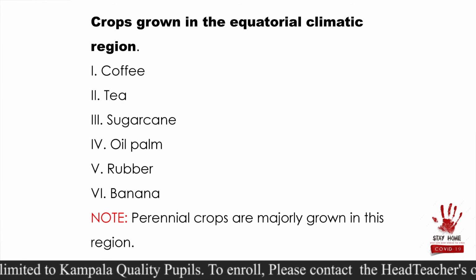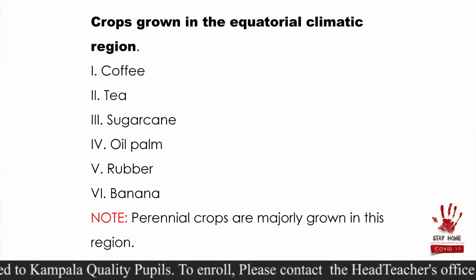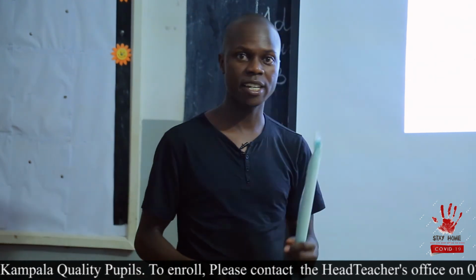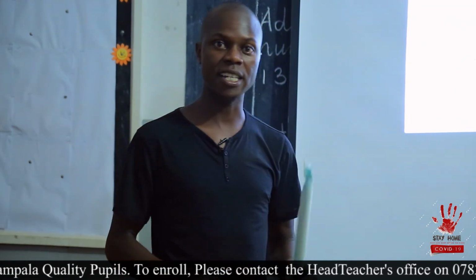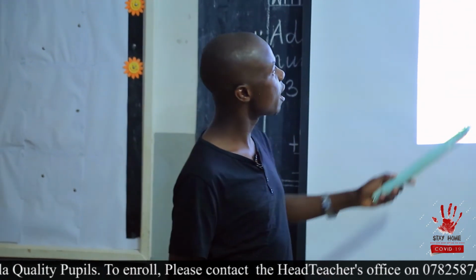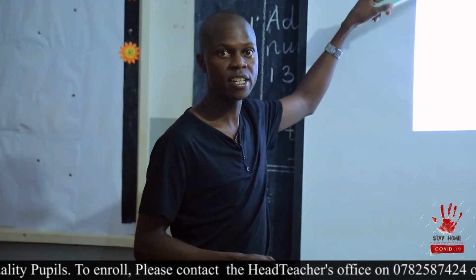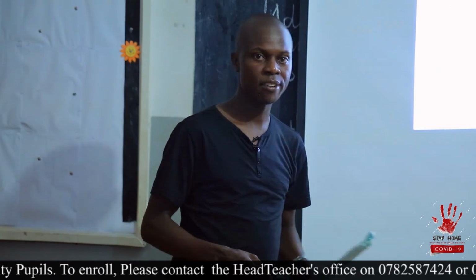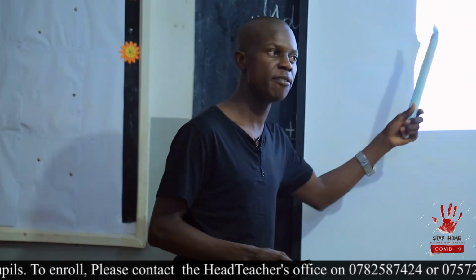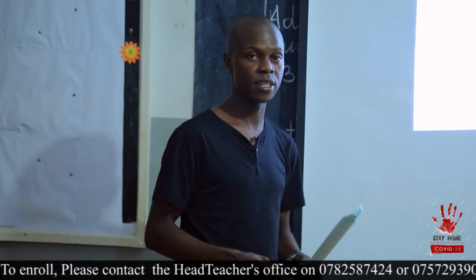And all these are perennial crops. Everyone say perennial crops. So what are perennial crops? In SST, we can define perennial crops as crops that take more than a year to mature, okay? So all these ones here can take more than a year to mature. Why? That region, since it has heavy rainfall, can support the growth of crops throughout, okay?